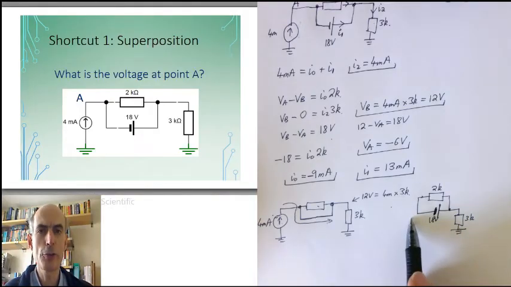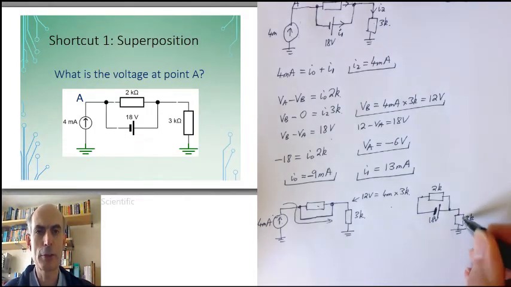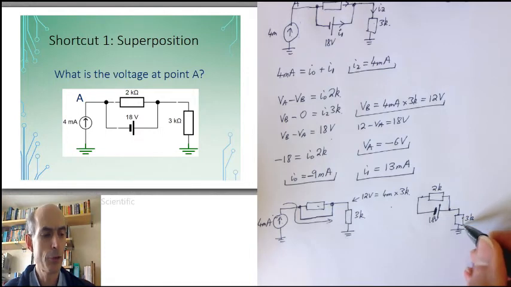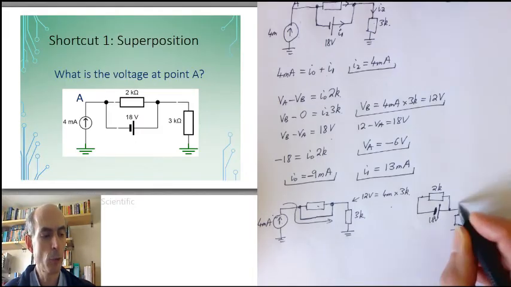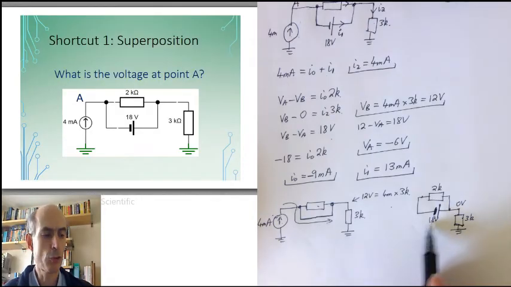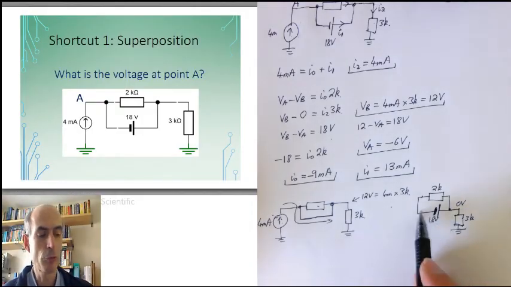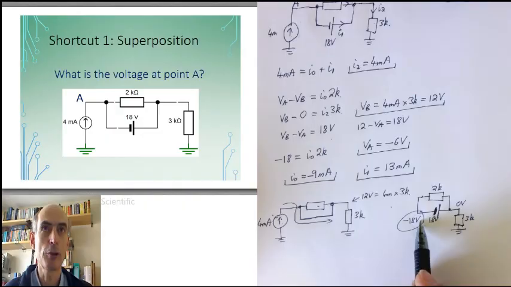But there is nowhere else in the circuit for any current going down to ground to come back out of. This can't be part of any circuit, in other words, which means that there can be no current passing down through that 3K resistor. And if there's no current passing through the 3K resistor, there's no voltage across it, which means that the voltage at this point here would be 0 volts. This is an 18 volt voltage source, which is ensuring that the voltage here is 18 volts above the voltage here, which means the voltage here has to be minus 18 volts. That's our second contribution to the voltage at node A.